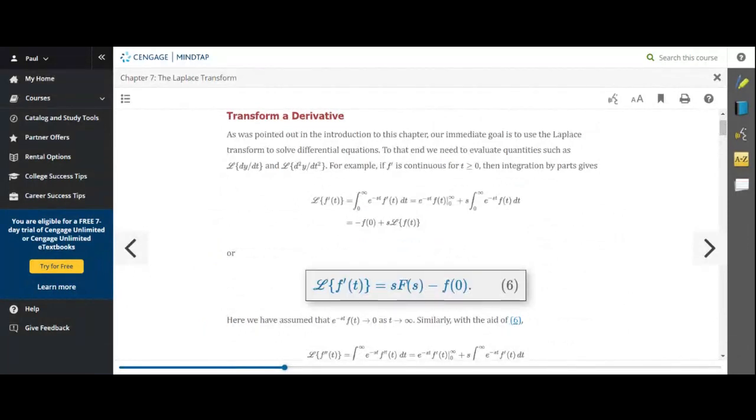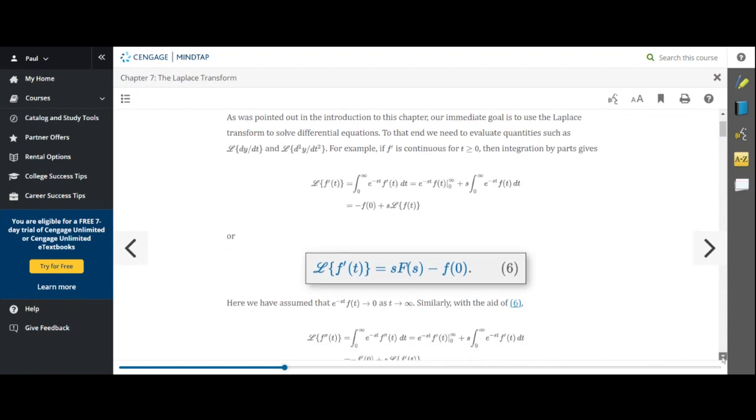The Laplace transform of f prime of t is just equal to s times the Laplace transform of f of t minus f of 0. That's how you read that. Okay, that makes sense. Very good question.